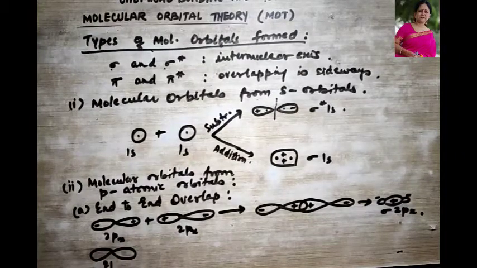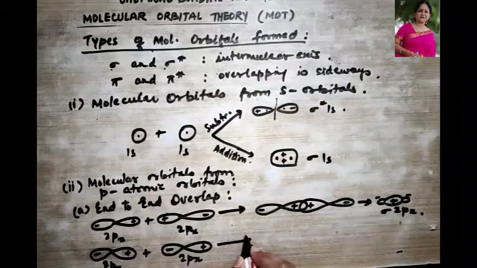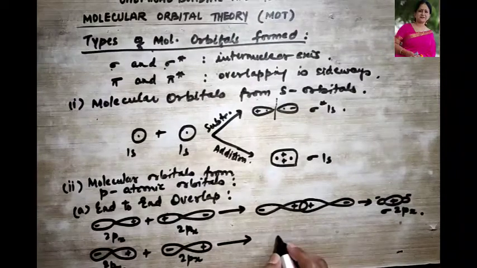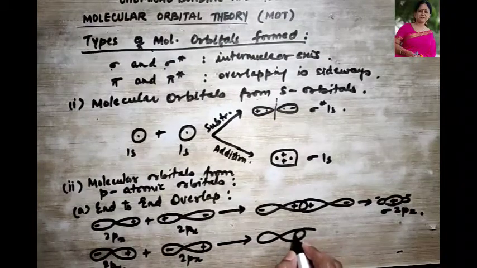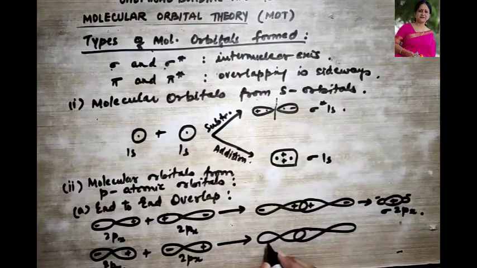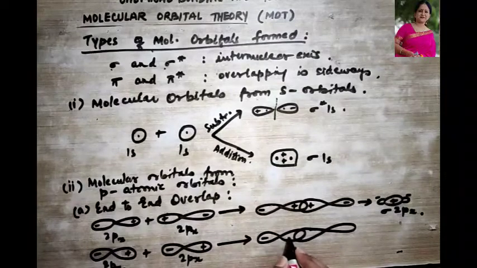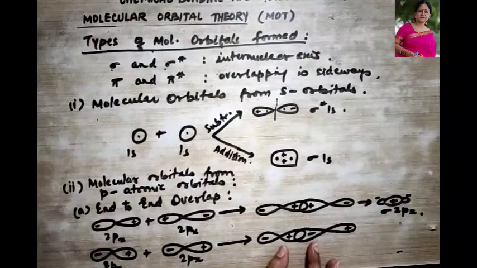Okay, then next let us see. This is 2px, this is minus, this is plus, and 2px, this is minus, this is plus. Then in that case, what are we going to form? Okay, so this is minus, this is plus, this is minus, this is plus. So what is going to happen when it is minus and plus?